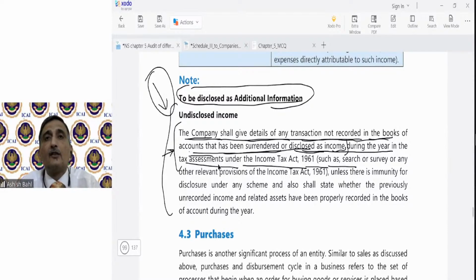Okay. So those transactions which the company had not disclosed and which were surrendered during the course of such operations as income, these shall be shown.